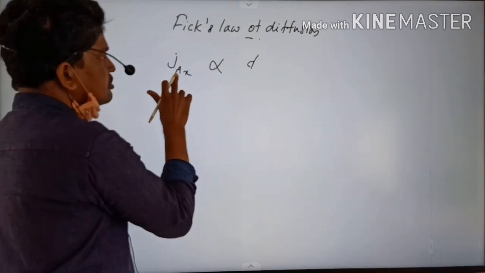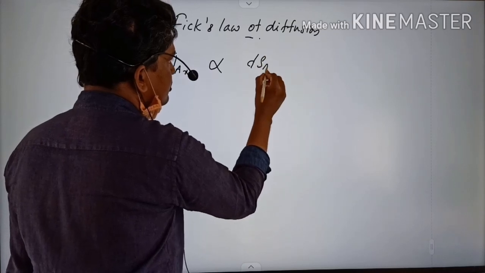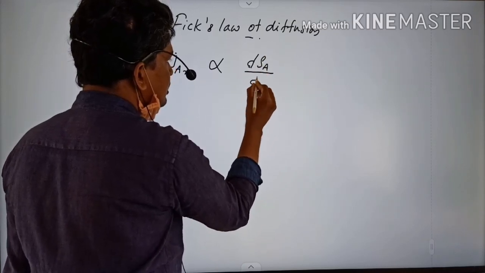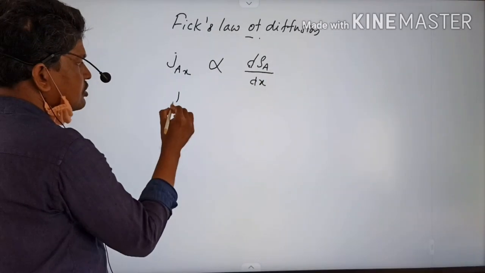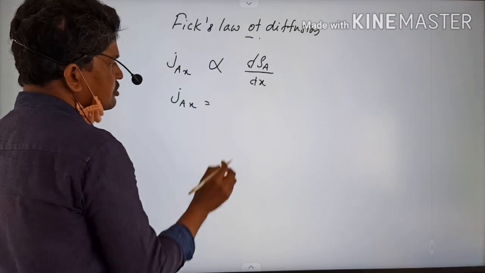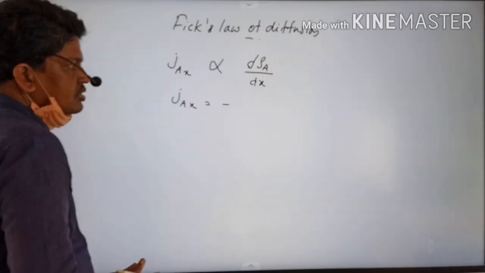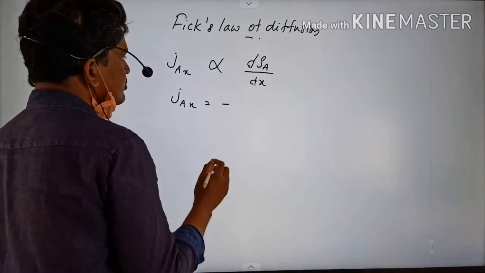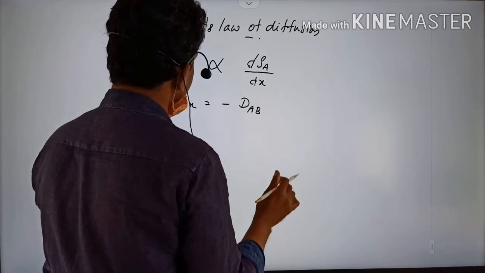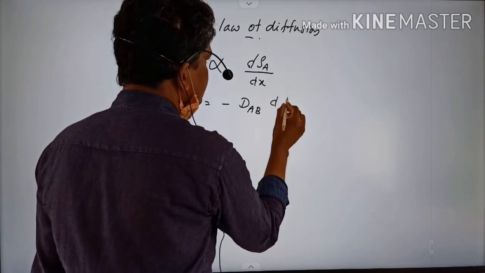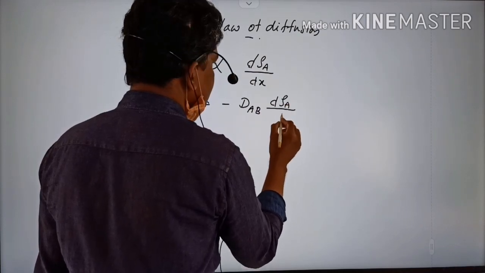So JAX is proportional to the gradient d rho A by dx, or Jx is equal to a constant into minus DAB into d rho A by dx.